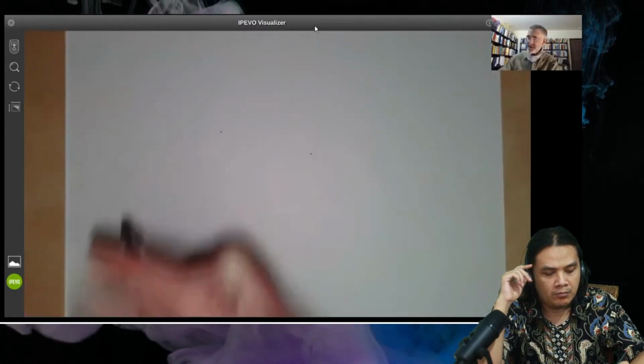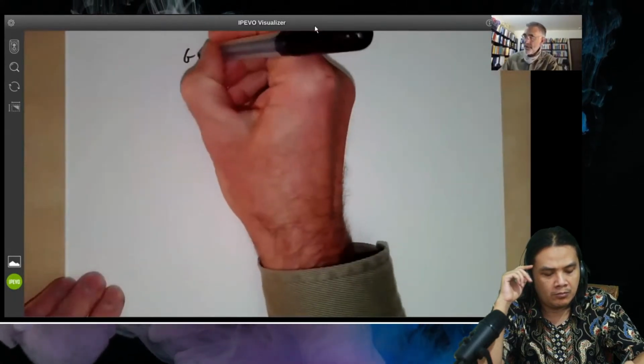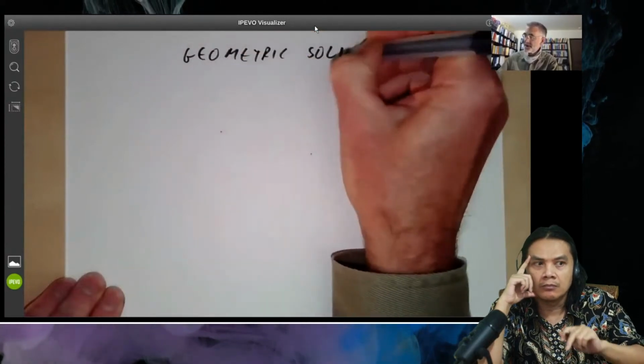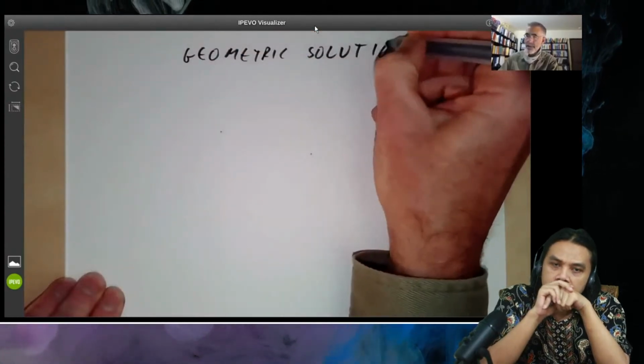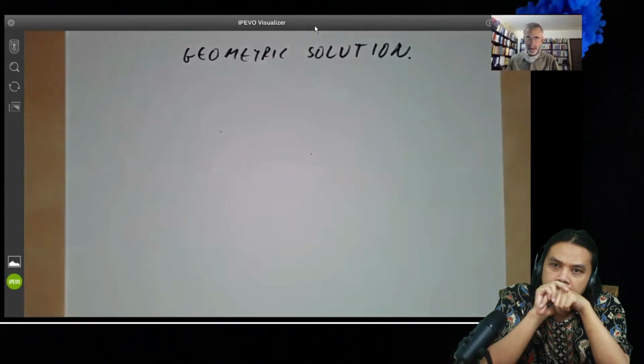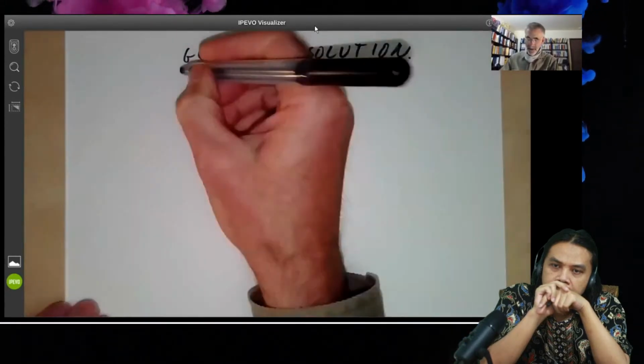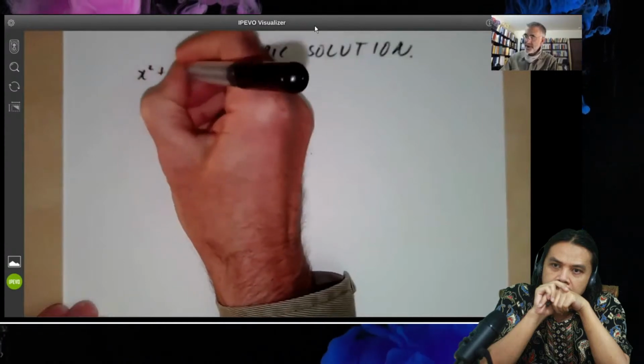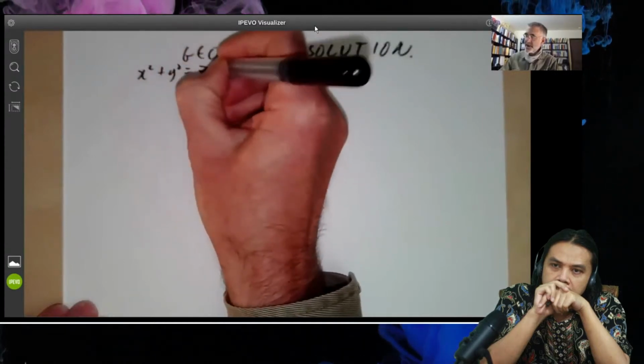Now we're going to discuss a geometric solution in the style of algebraic geometry. For this, we want to solve x squared plus y squared equals z squared in integers.